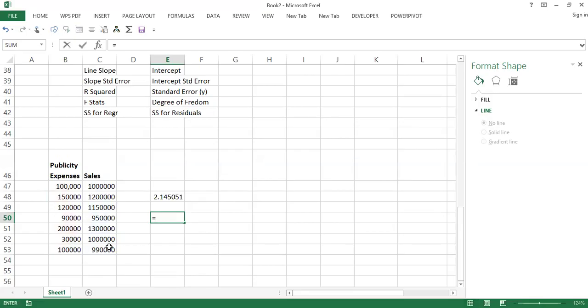But that may not be sufficient. Let's just do line, the known y's, sales, and the known x values.